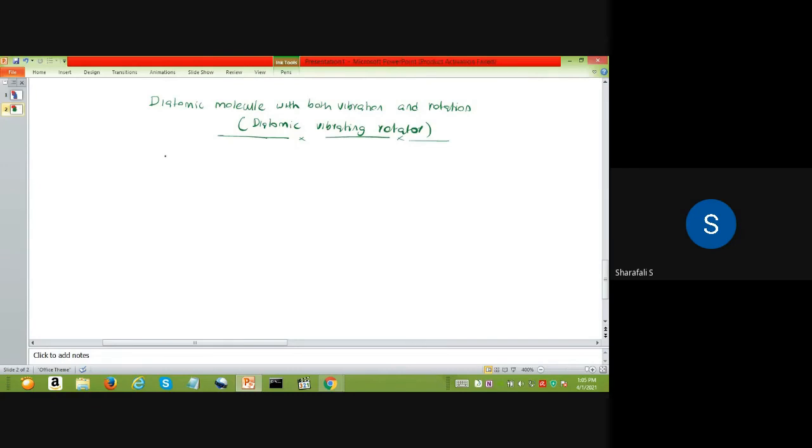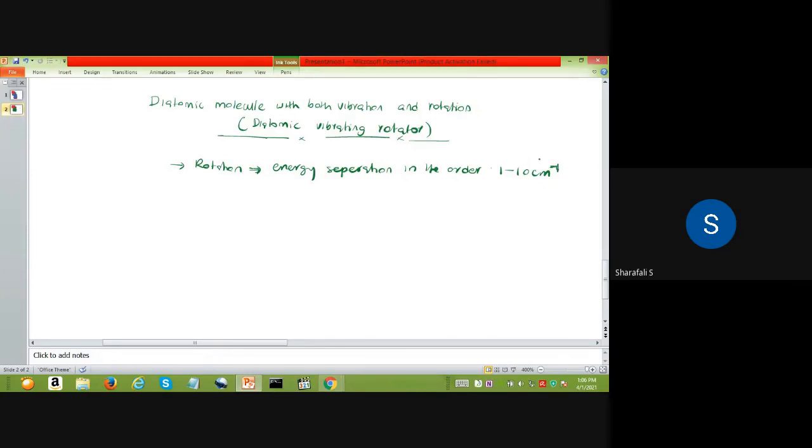So, for example, if you consider the energy separation of different molecules, in the case of rotation, the energy separation in wave number is in the order of 1 to 10 centimeter inverse.